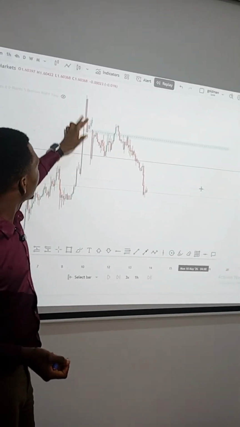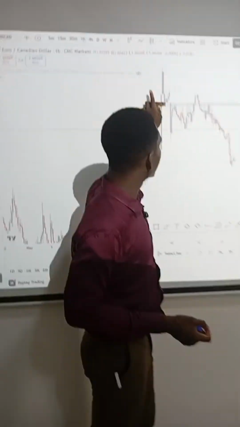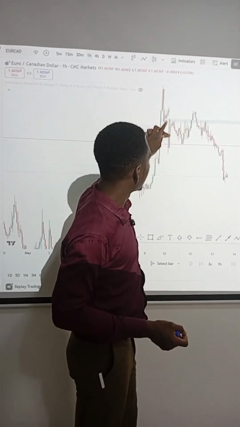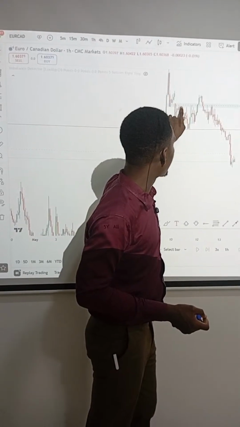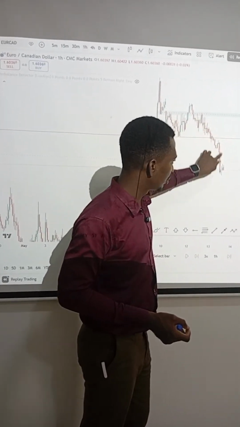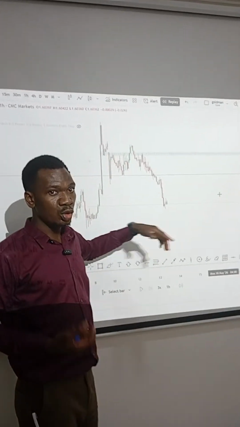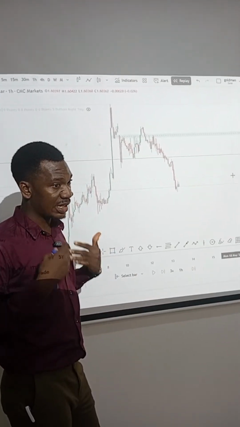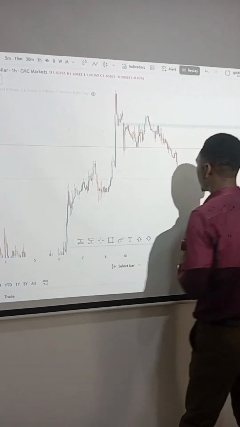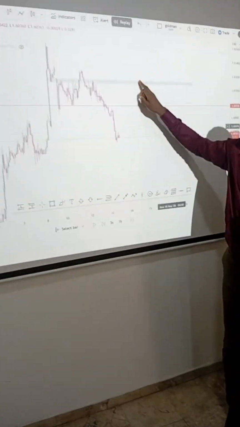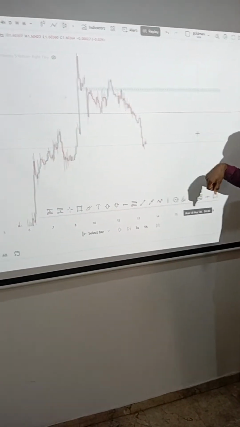We have seen that drop, right? The market came here, broke structure, and still came back again to that same level before it dropped. So if I want to enter this market at the moment, where should I be entering it? I should be looking at entering it here and then riding it to the downside.